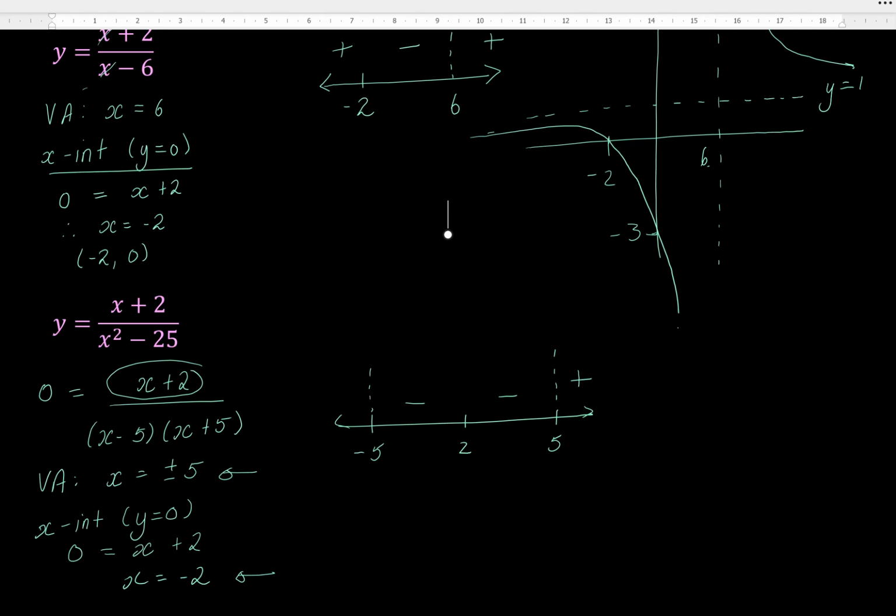And what about a number beyond minus 5? So let's go minus 10. Minus 10 plus 2 is a negative. And minus 10 squared is a positive, take 25 is a positive, so I get minus again. And I just want to double check.